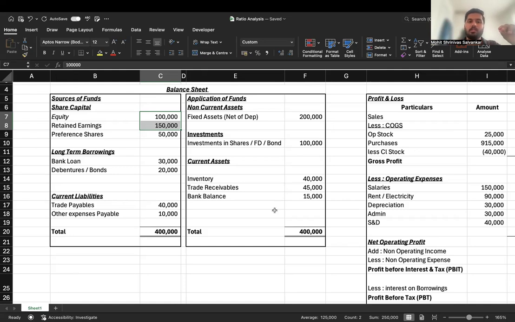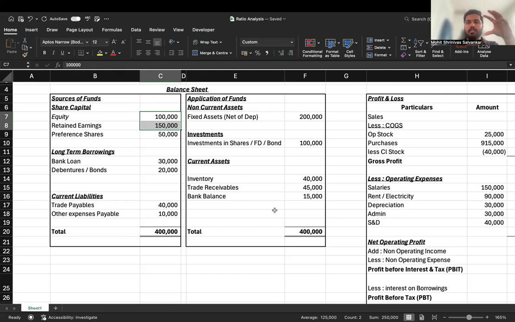So the first one is the current ratio. Current ratio talks about how many times, when we compare the current assets, meaning the assets which are supposed to be converted into cash within the next 12 months. Okay, it turns over and over within the business.